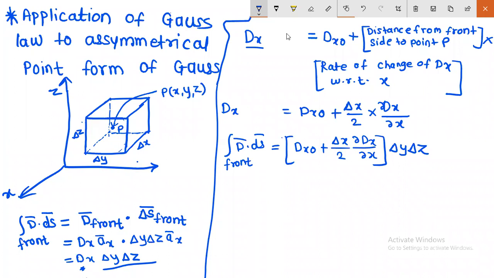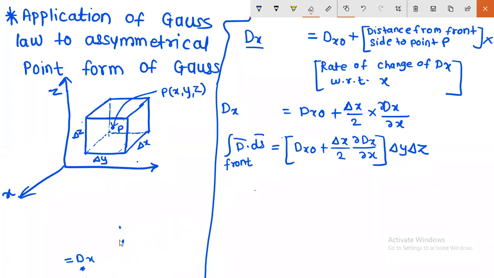Now similarly, give equation numbers there, according to your convenience. Now we have to find it for the back side. Have you written up to here? Let me clear this. Similarly, I will write for the back side.